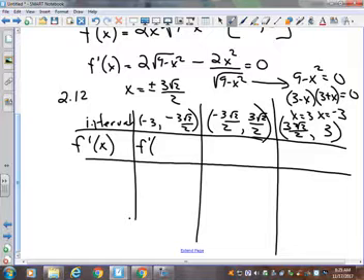I can't pick a whole number in there. I've got to pick a decimal. So -2.5 would be the best decimal to choose. All right. Now between here, I could pick 0. I could pick a whole number. Or I could pick -1 or +1, because it's from -2.12 to +2.12. So I like picking 0.